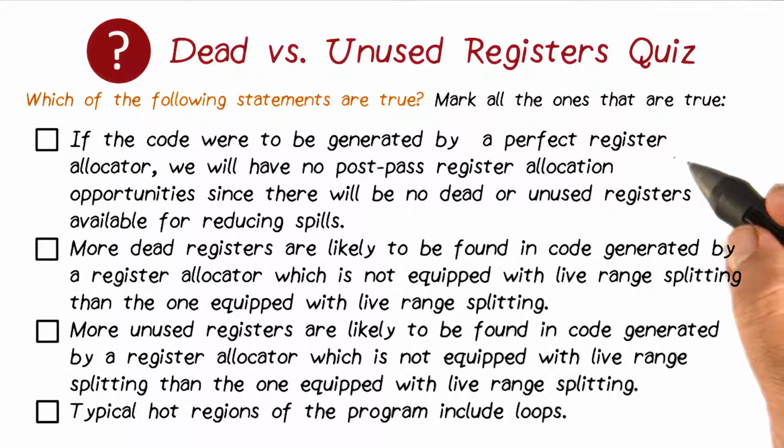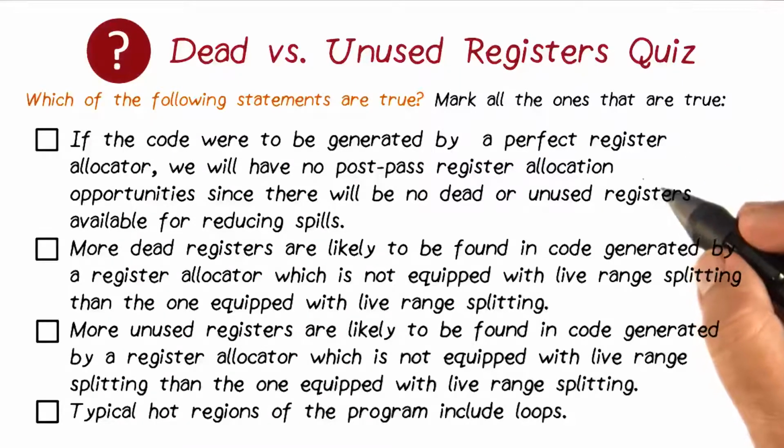Is this true or false? The next sentence is more unused registers are likely to be found in code generated by a register allocator which is not equipped with live range splitting than the one equipped with live range splitting. And finally, typical hot regions of a program include loops. Please go ahead and mark your answers now.